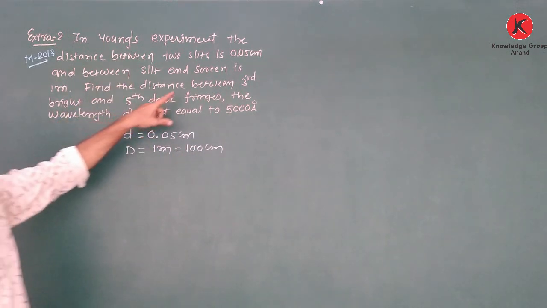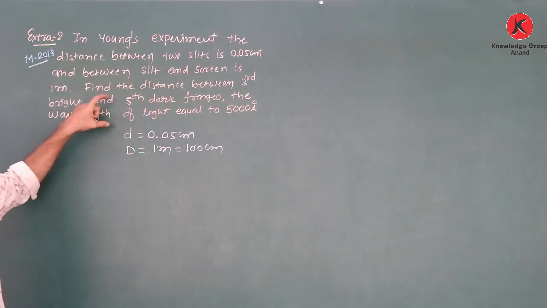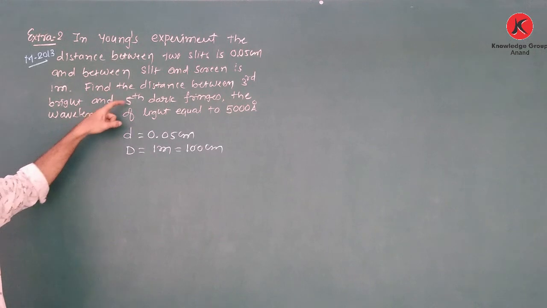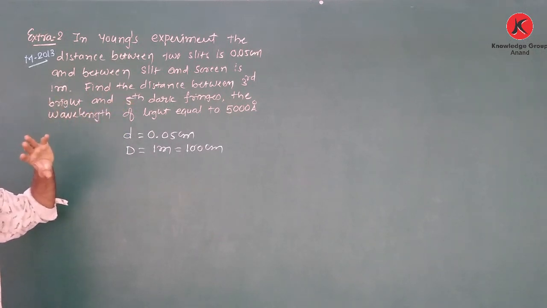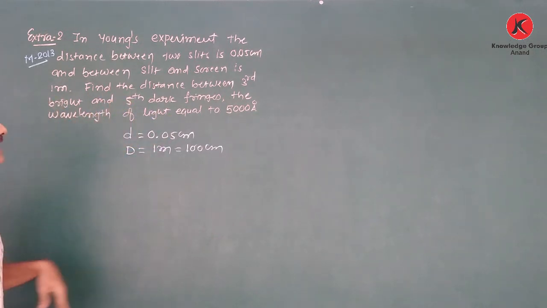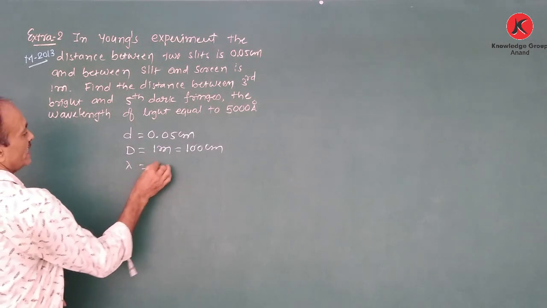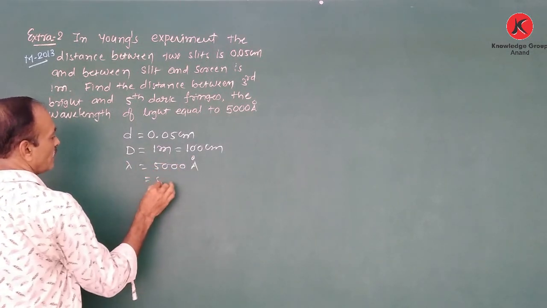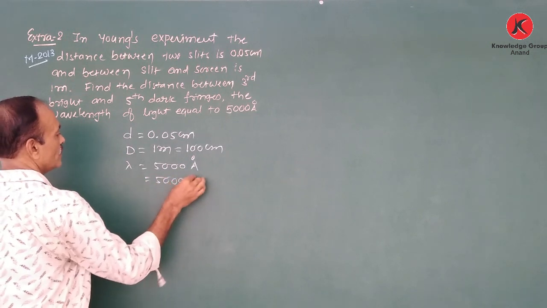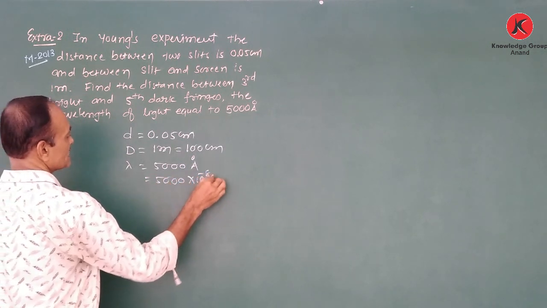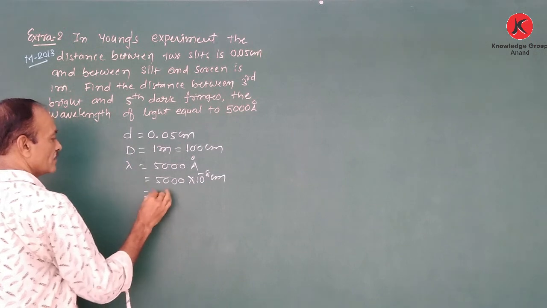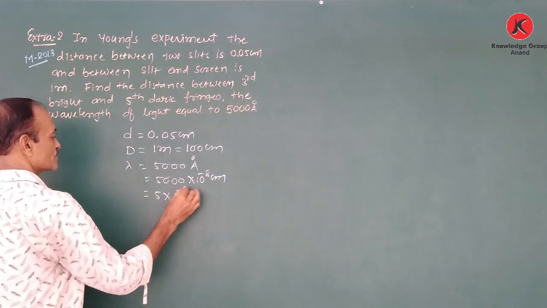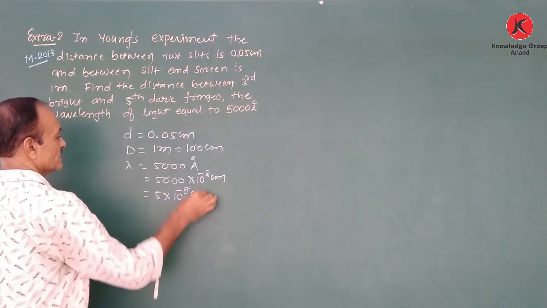We have to find the distance between the third dark fringe and fifth dark fringe. The wavelength of light used is 5000 angstrom, therefore 5000 into 10⁻⁸ centimeter is equal to 5 into 10⁻⁵ centimeter.